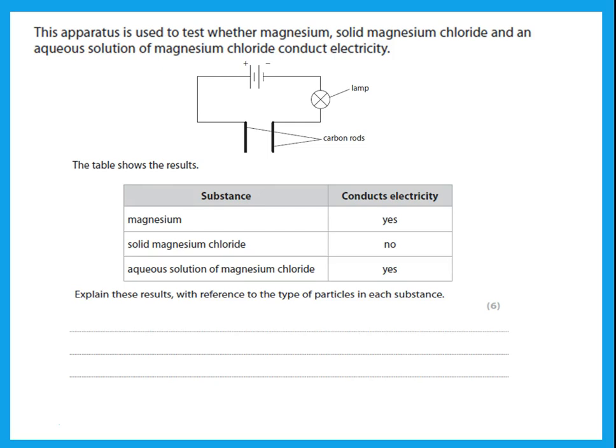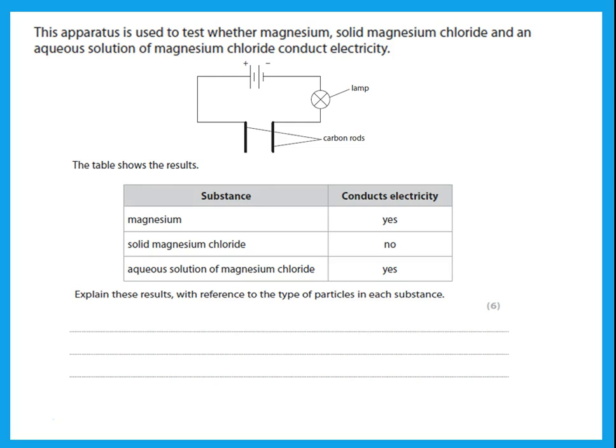So, why would magnesium conduct electricity? Remember, magnesium is a metal. When we talked about the structure of metals, they have regular rows of positive ions surrounded by a sea of delocalized electrons.